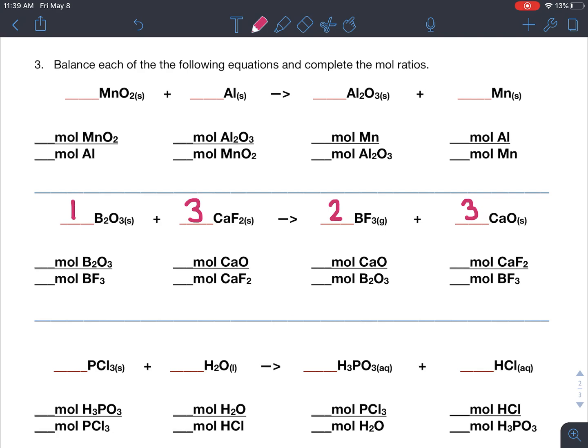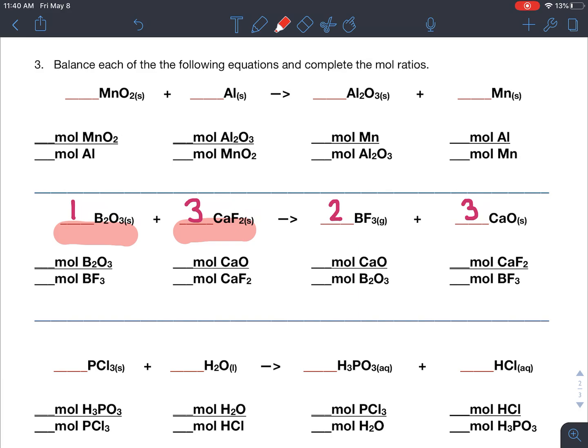All right, now when I'm looking at this, again, we're really changing up our perspective and our understanding. What this equation is telling me now is that 1 mole of B2O3 is going to react with 3 moles of CaF2. So that is what is going to be required.